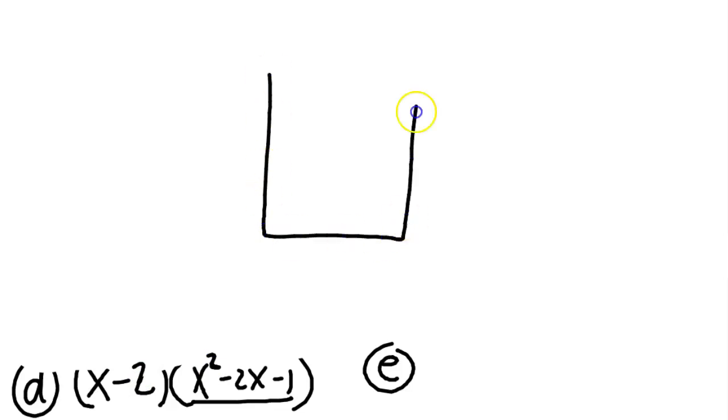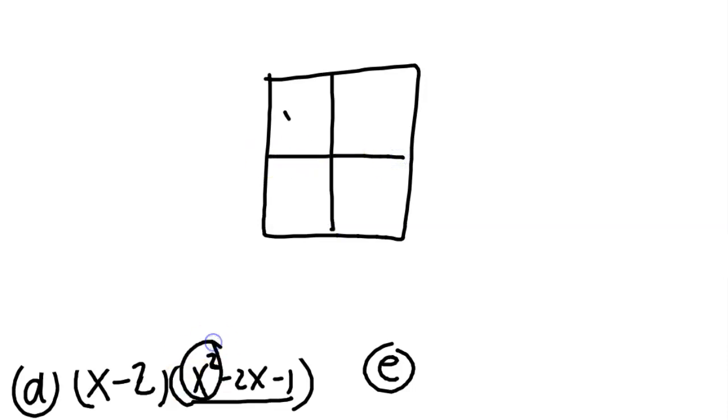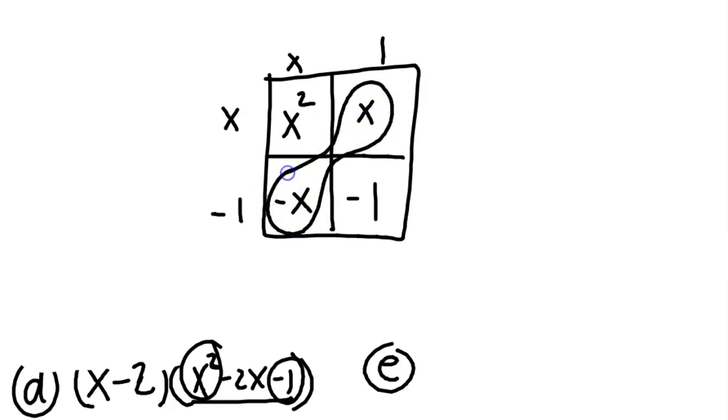I'm going to try to do the box method on this, and it's not going to work. X squared is going to go on the top left. Negative 1 is going to go on the bottom right. Now there's only one way I could possibly get negative 1 by multiplication when you're dealing with just regular whole numbers, and that would be 1 and negative 1. But when I put these two together, that's not going to give me the middle.